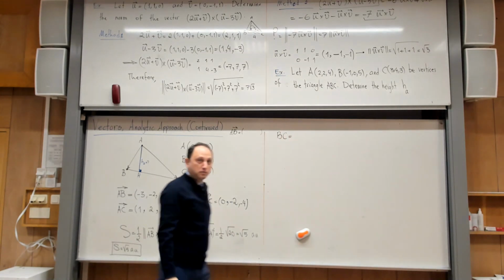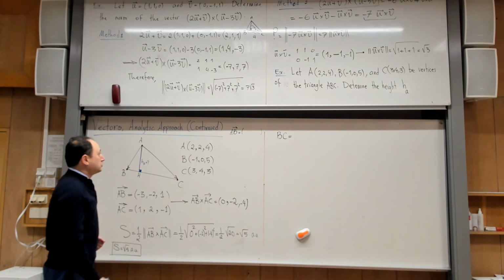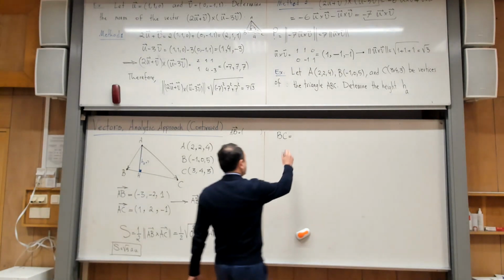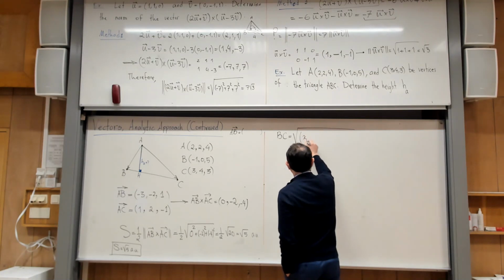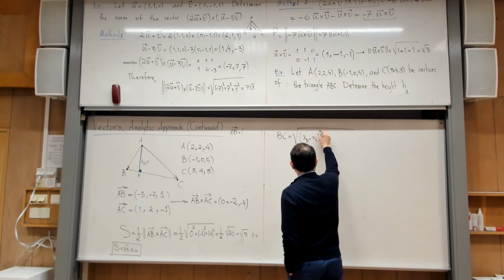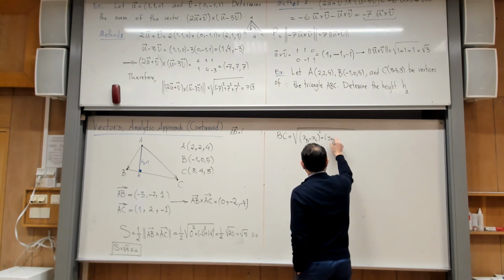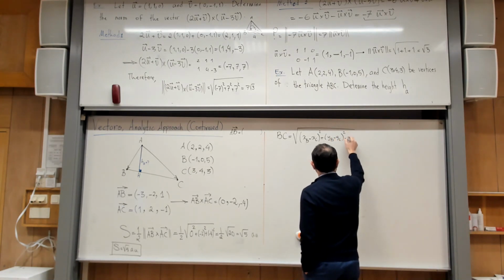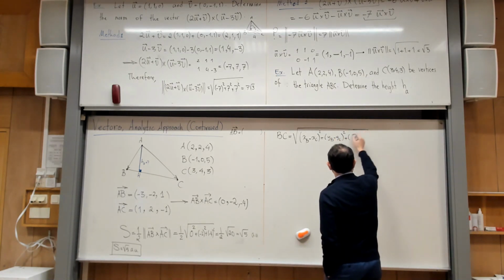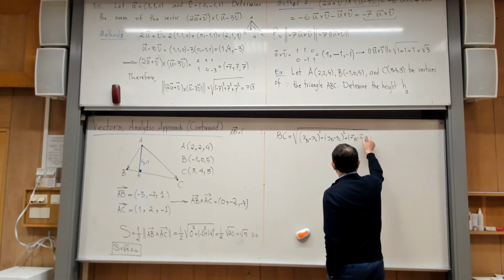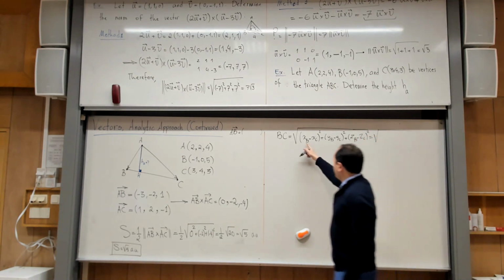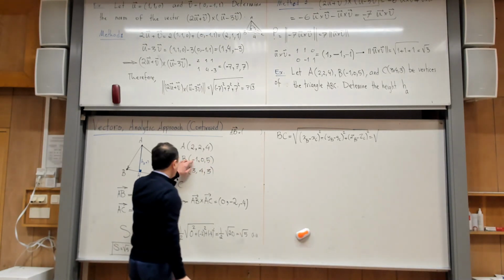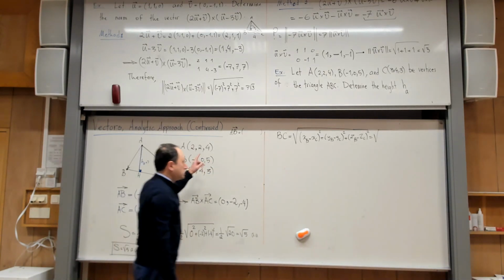I want to find BC, and that is the distance formula. So do you remember the distance formula is a square root of the difference between x coordinates squared, the difference between y coordinates squared, the difference between z coordinates squared. And then if I calculate this, so the difference between x coordinates, -1 minus 3 is -4 squared is 16.